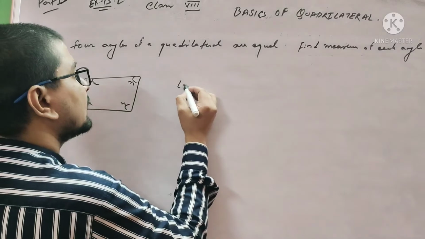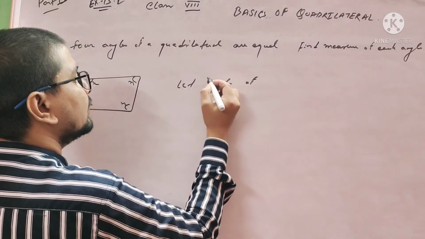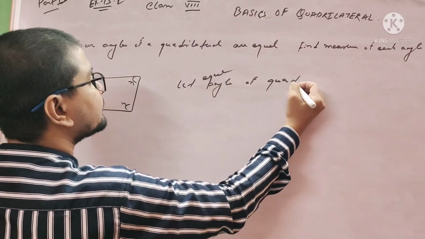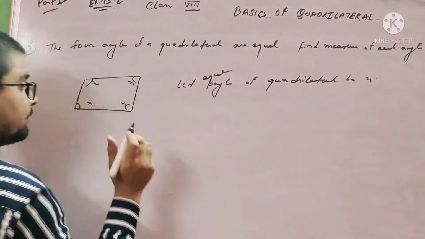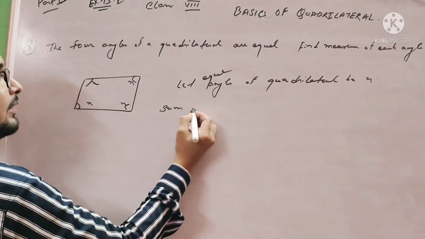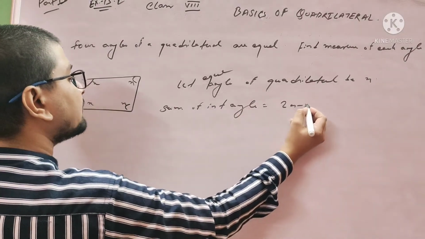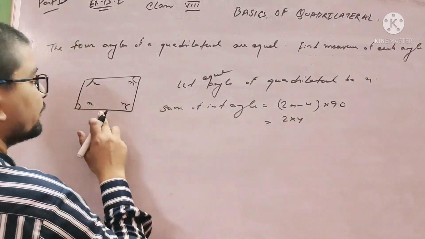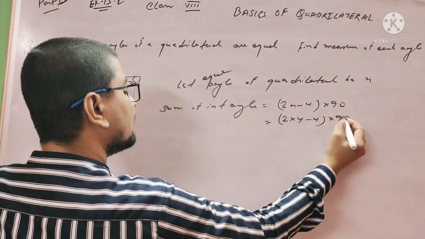Let the equal angle of the quadrilateral be x. We know that sum of interior angles is (2n minus 4) into 90, that is 2 into 4 sides, minus 4, into 90.